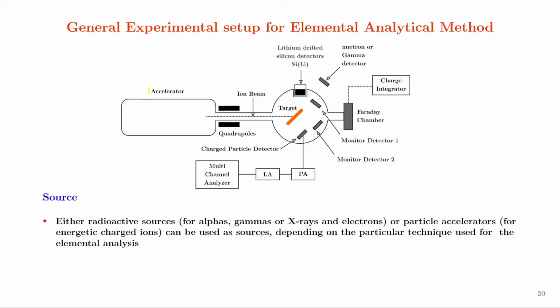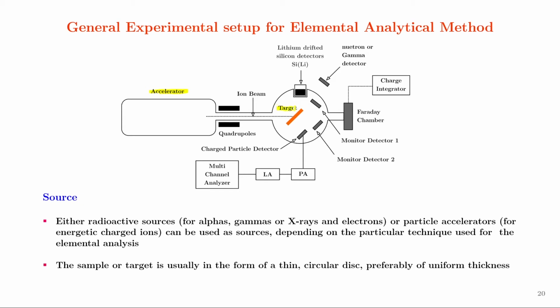Either radioactive sources for alphas, gammas, or X-rays and electrons, or particle accelerators for energetic charged ions can be used as source depending on the particular technique used for the elemental analysis. The sample or target is usually in the form of a thin, circular disc, preferably of uniform thickness.